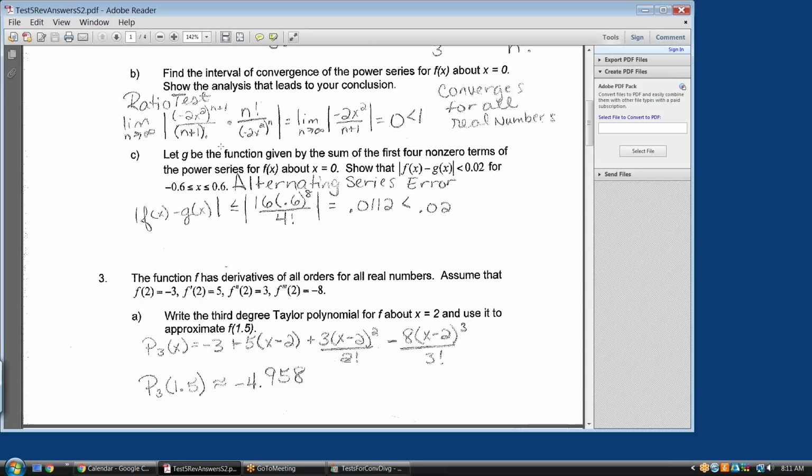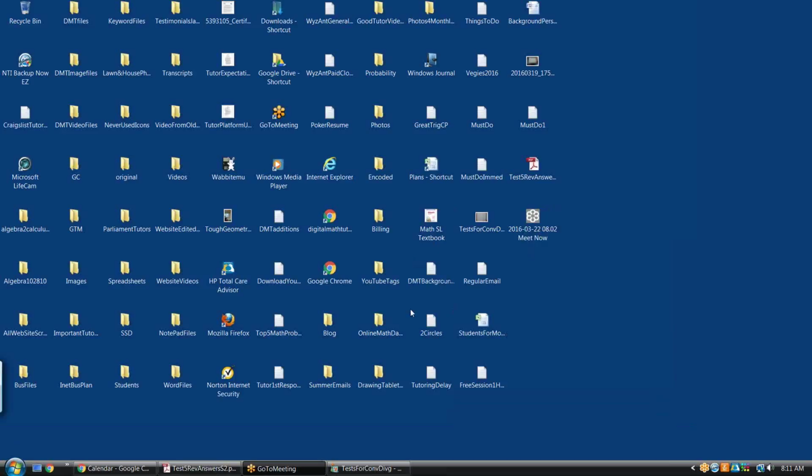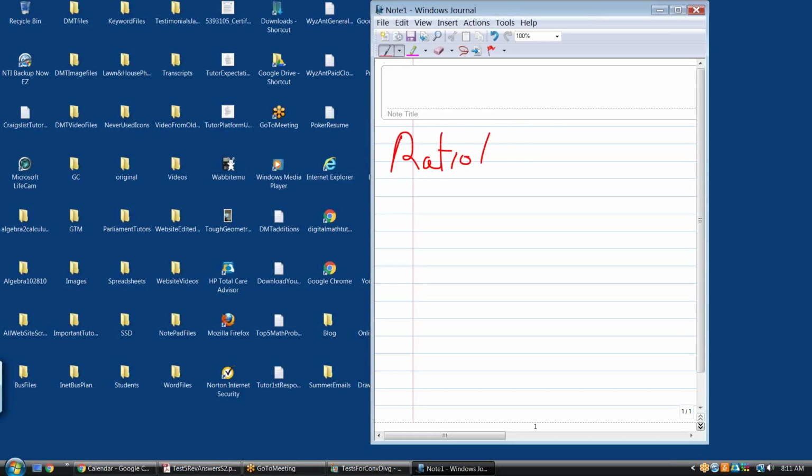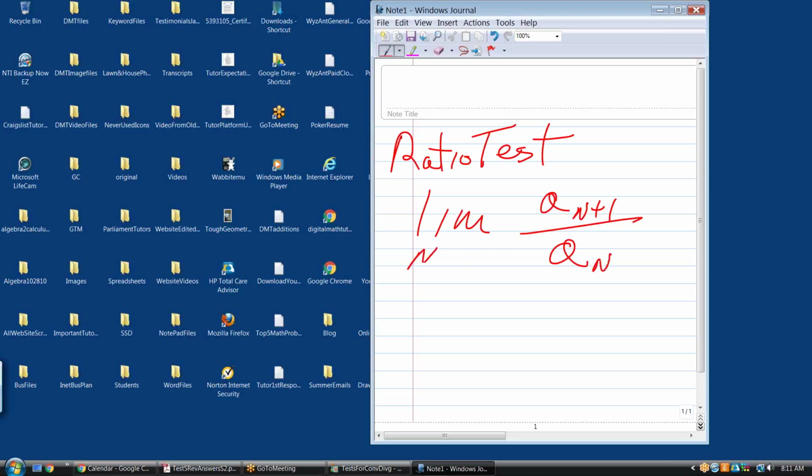Here, let me bring up my drawing tablet. In other words, the ratio test is the limit of a to the n plus 1 over a to the n as n goes to infinity.